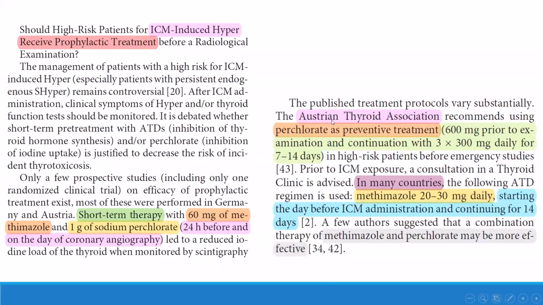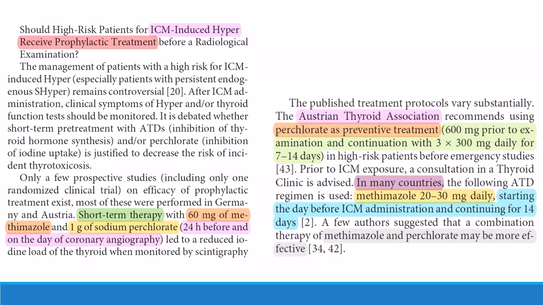Another approach, recommended by the Australian Thyroid Association, is giving perchlorate as a preventive treatment. They give 600 milligrams prior to the examination and continue with 300 milligrams three times per day for 7 to 14 days in high-risk patients.